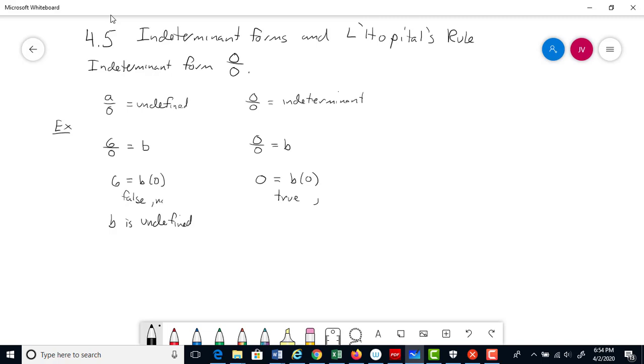So false, no b works, and here all of them do. I'm talking about real numbers here. So we say b is indeterminate. We cannot figure out what it is because they all work. So we're going to look at things that are in indeterminate form, which is 0 over 0.